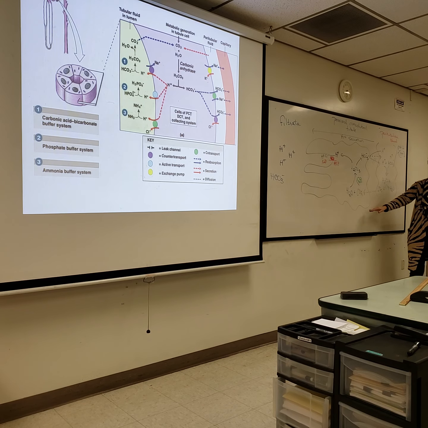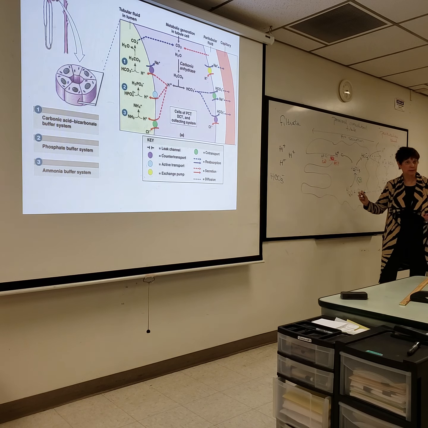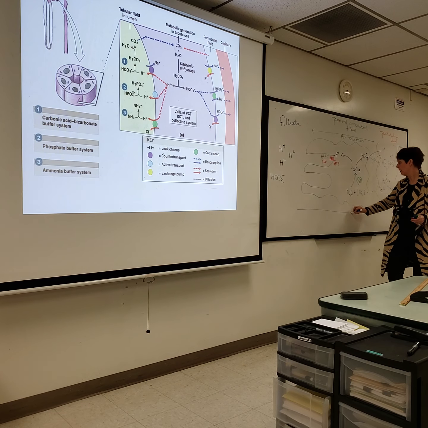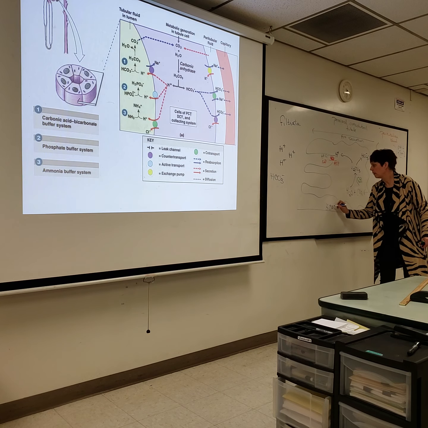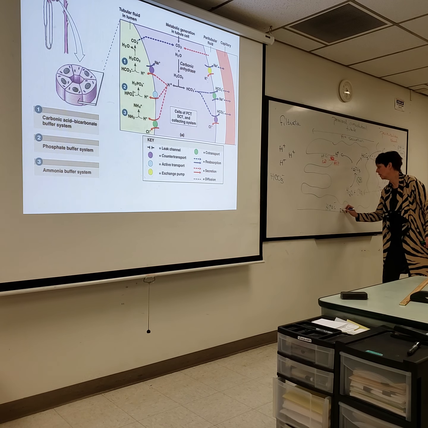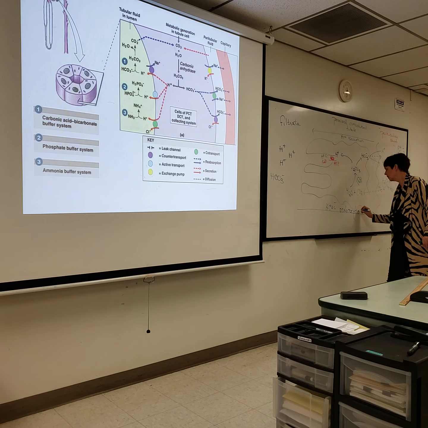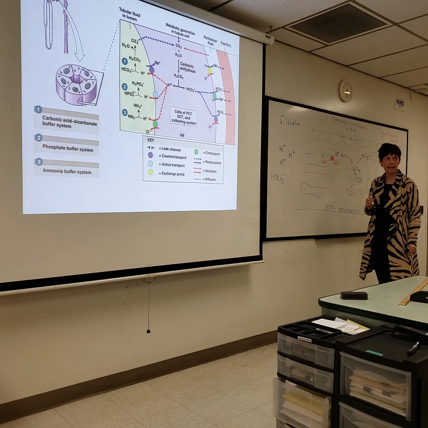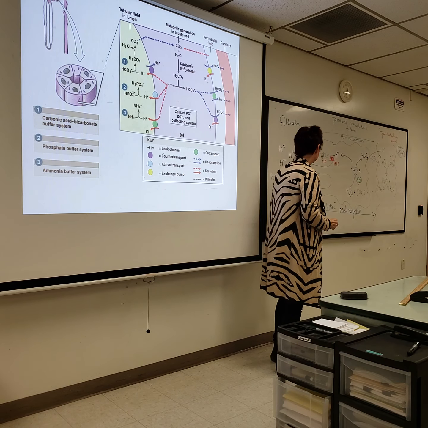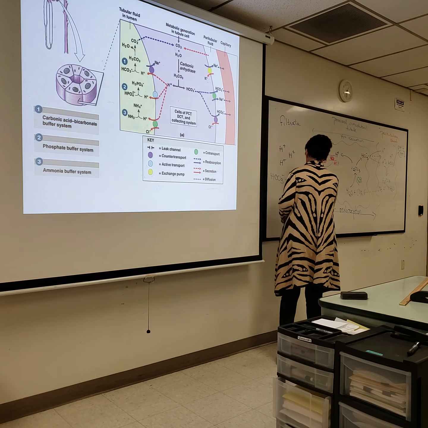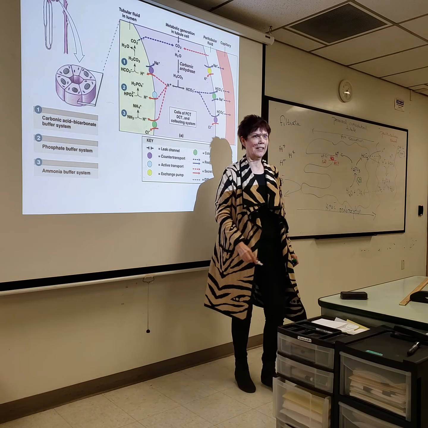Okay? So that's going to be reabsorption. We're going to move from the filtrate back to the blood, and we do bicarbonate reabsorption. Okay? Oh, we got a problem. Bicarbonate ions won't cross the microvilli.